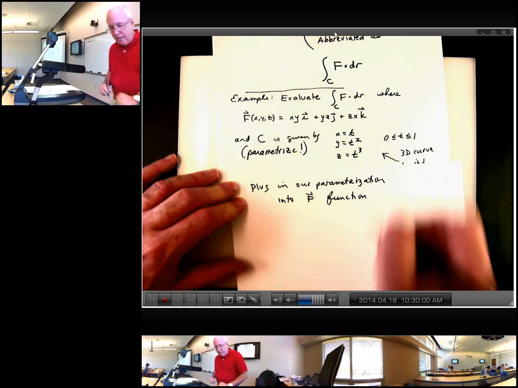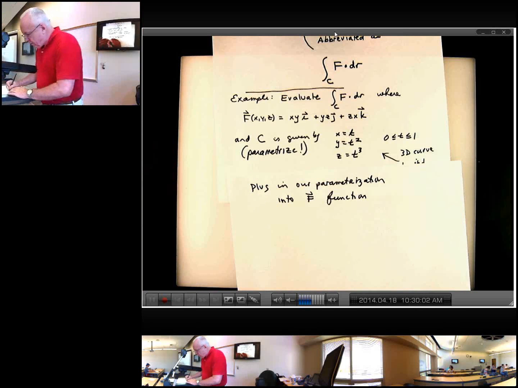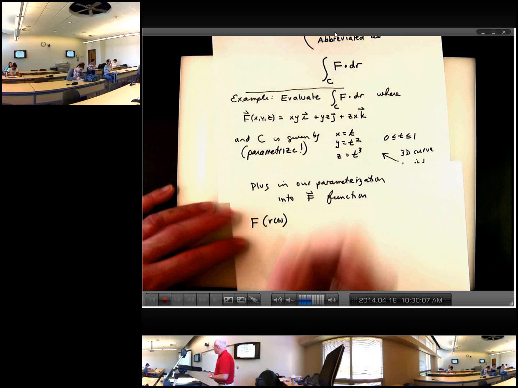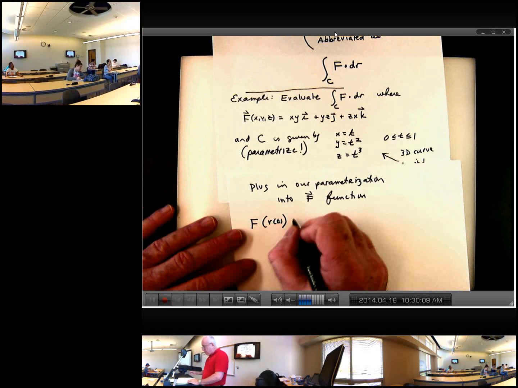That's one thing we're going to have to do. So F evaluated at r of t, where we parameterize it, let's see what we have here.